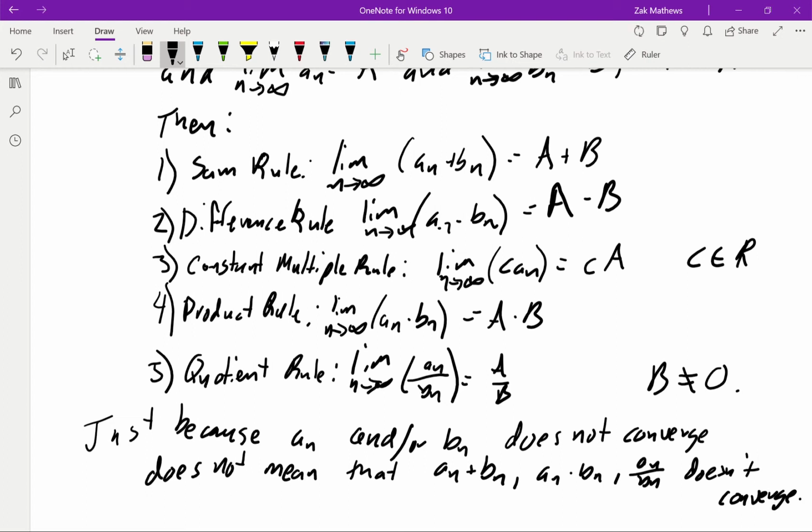So if a_n and b_n converge, we are guaranteed their sum, their difference, their product, their quotient, all of those things have to also converge. By definition, has to be true.